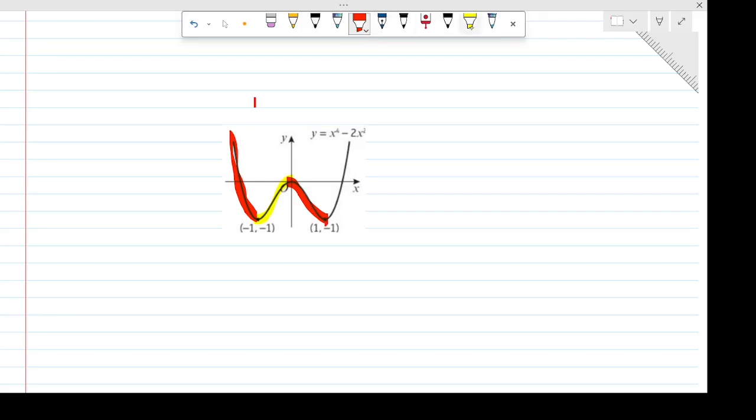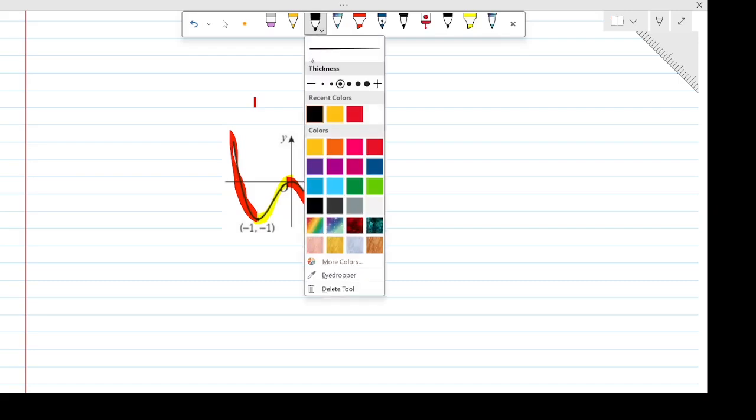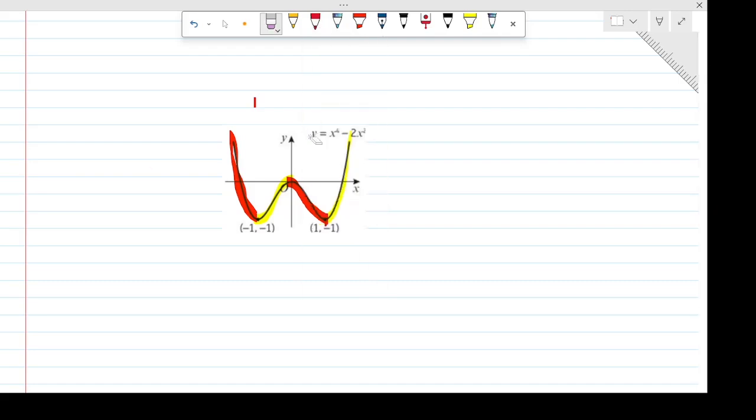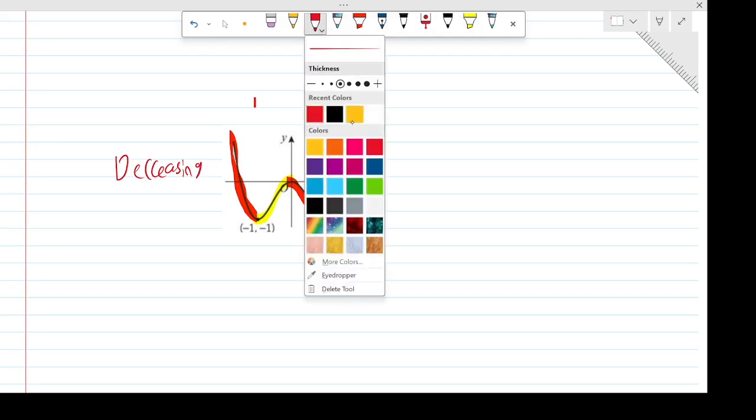Okay. And so then you can see we've got two regions where the graph is decreasing, which is in red again, and two regions where the graph is increasing in yellow.